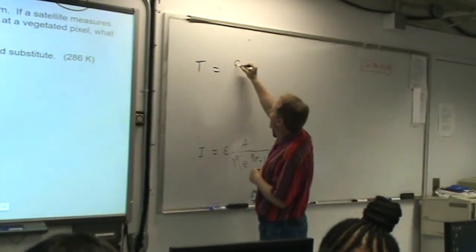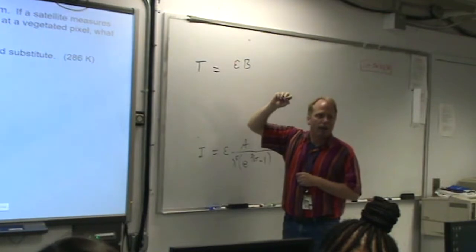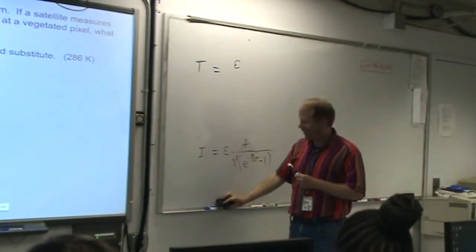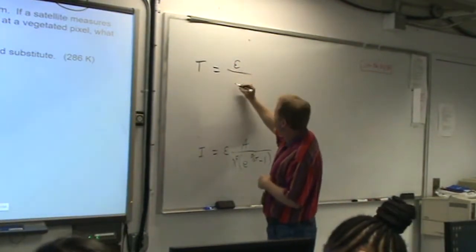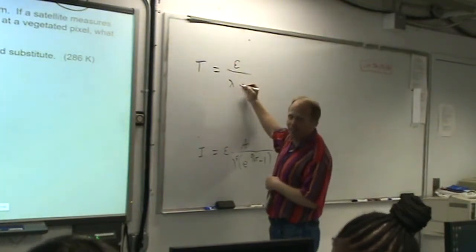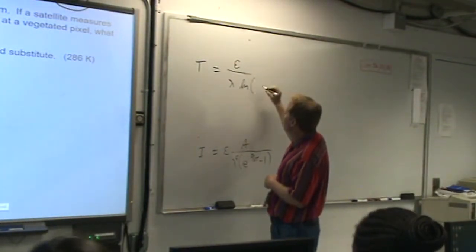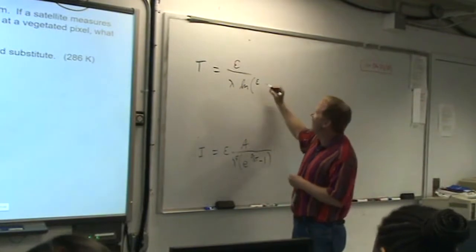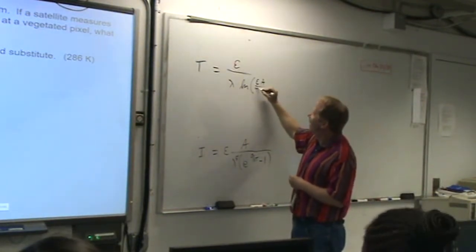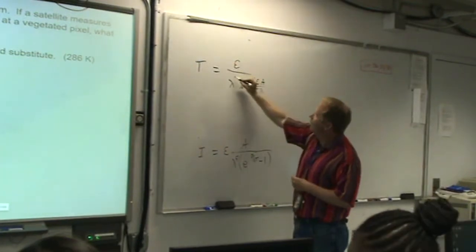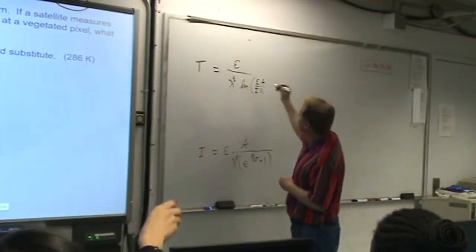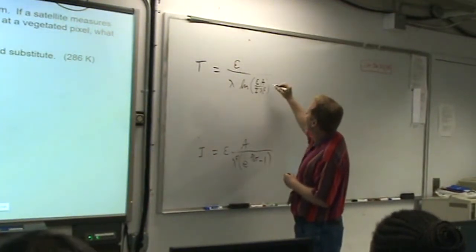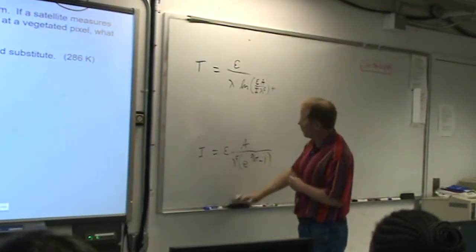B over lambda, and then the natural log, negative plus one, negative one.